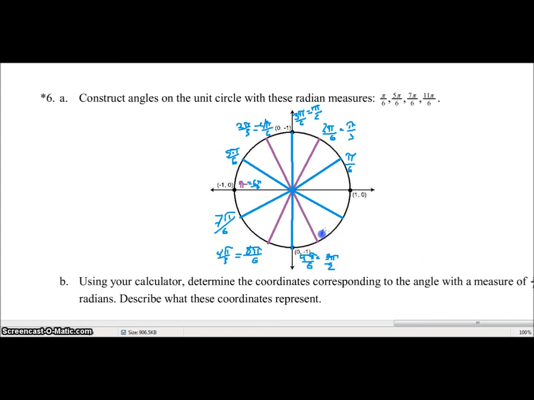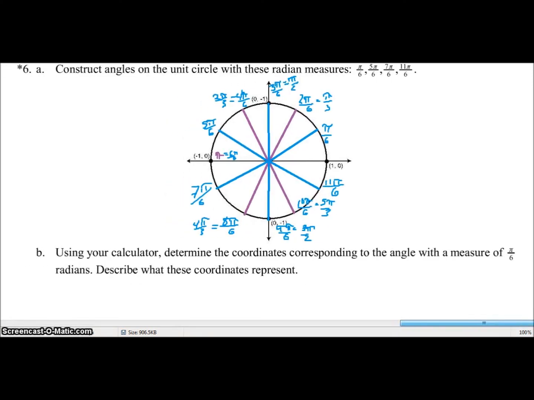This one would be 10 pi over 6, the same as 5 pi over 3. And then from here all the way around to here, that one is 11 pi over 6, and we've got all of our angles that we needed to label. Pi over 6, 5 pi over 6, 7 pi over 6, 11 pi over 6.